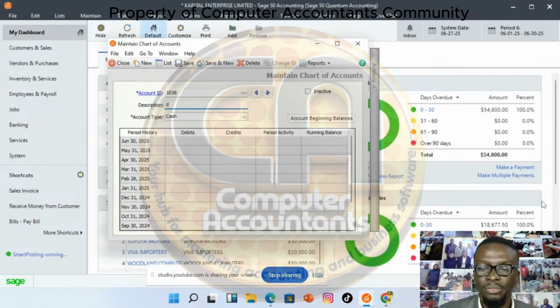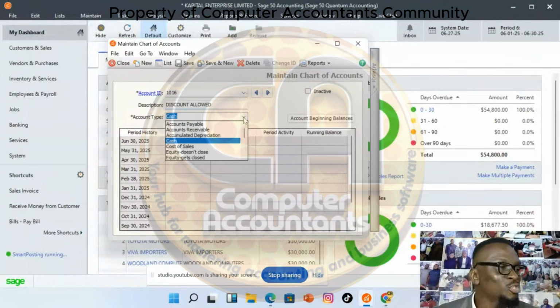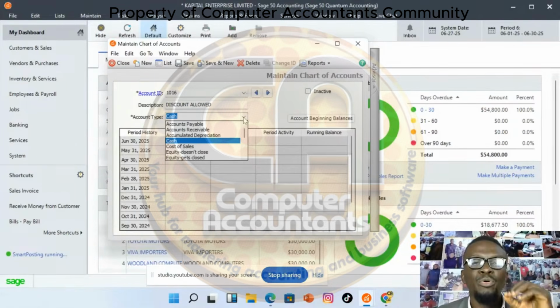Discount allowed, in capital letters, as I'm sure all of them are in capital. The discount allowed is an expense because based on the prudence law, which says make provision for all possible losses.